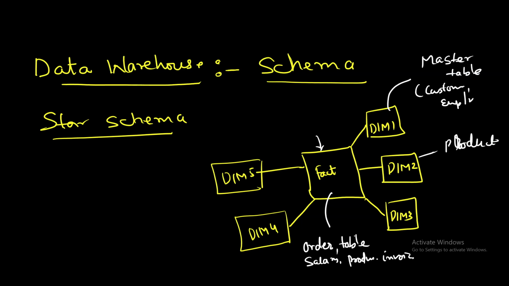Whatever transactions we did, all the data is stored in my fact table, and the data of customer, employee, product, category are in my dimension table or master table, right? So we have to follow a particular schema to make connections, and generally we use a star schema for that.